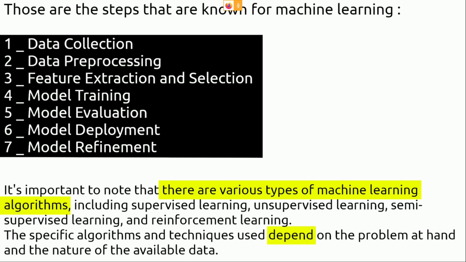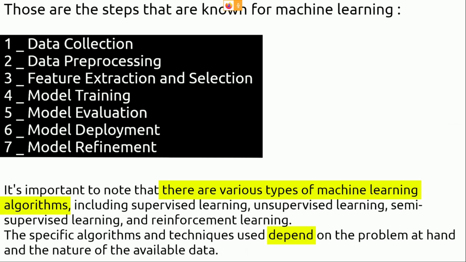It's important to note that there are various types of machine learning algorithms, including supervised learning, unsupervised learning, semi-supervised learning, and reinforcement learning. We will discuss those later on, okay?